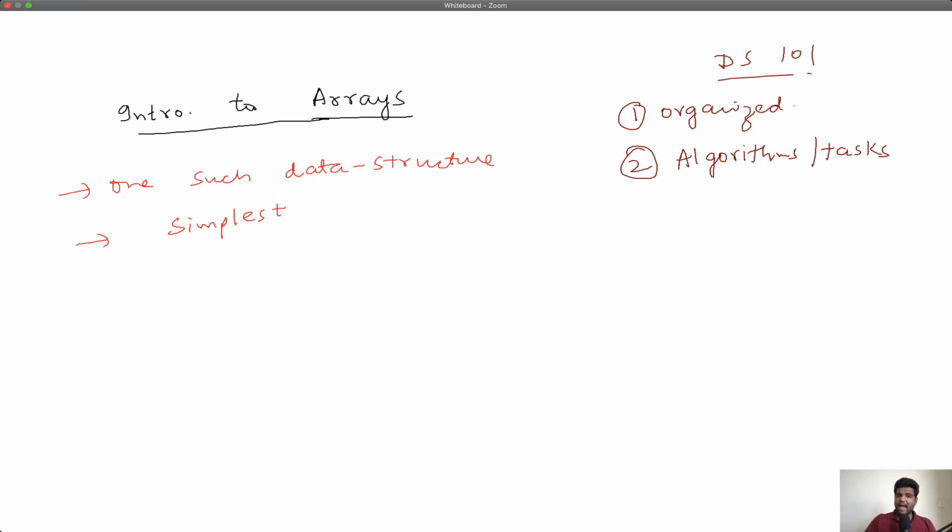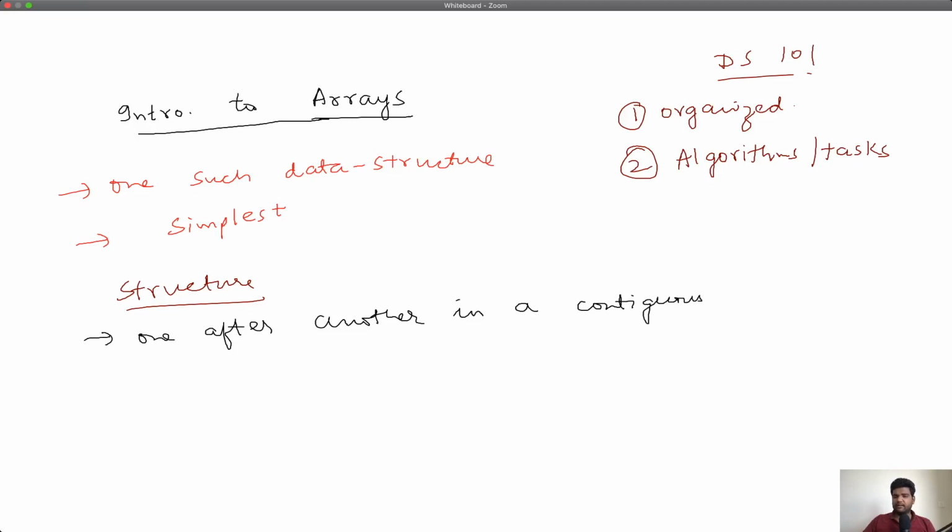So in case of arrays, the structure is very simple. In arrays, you simply keep items one after the other, one after another in a contiguous fashion. Contiguous is nothing but consecutive.